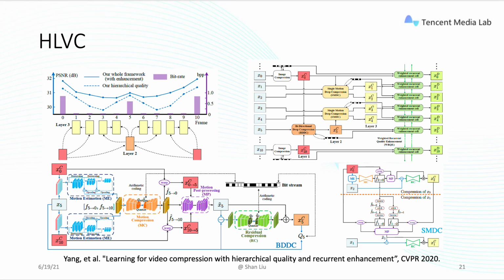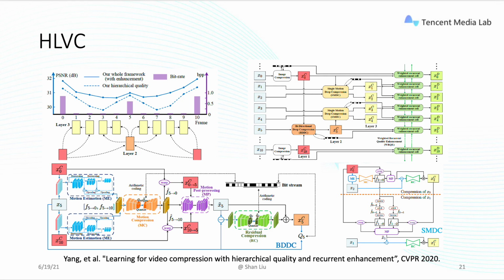And the layer 2 frames are compressed in medium quality, which provides fairly good reference for layer 3 frame compression without costing a significant amount of bits. The proposed BDDC network is illustrated in the bottom left of the page.